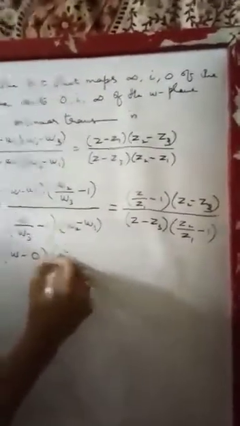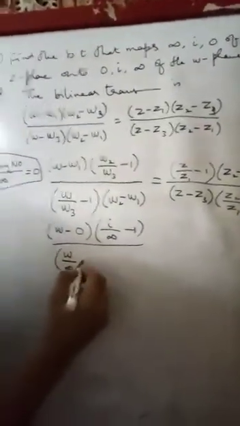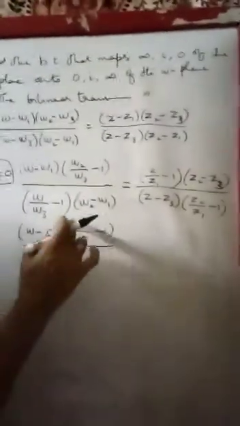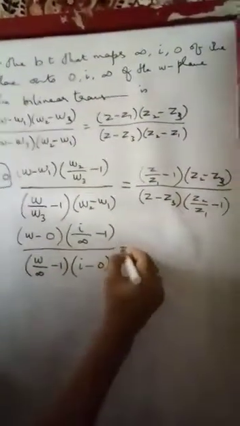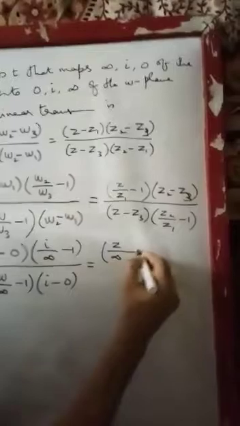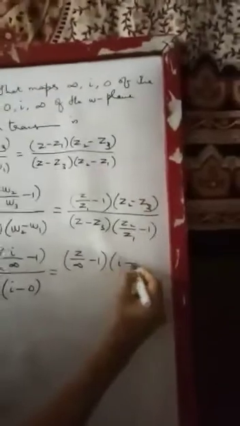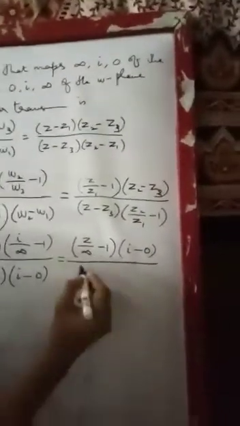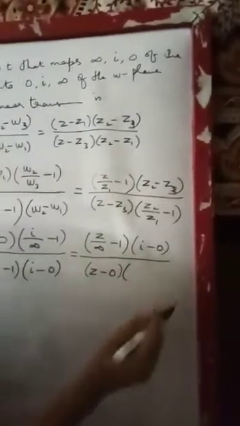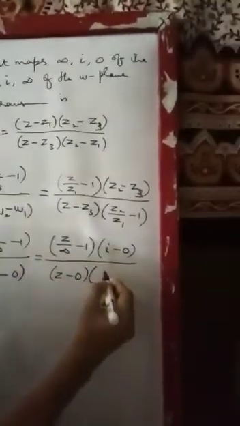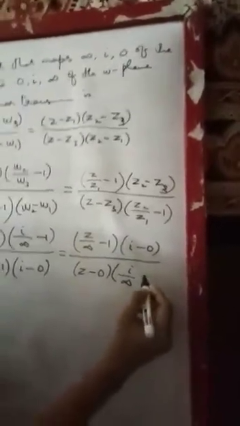Omega minus omega 1 is 0 into omega 2 is i by infinity minus 1 by omega by infinity minus 1 into omega 2 is i, omega 1 is 0, equal to z by infinity minus 1, z2 is i minus 0 by z minus 0 into z2 is i by infinity minus 1.